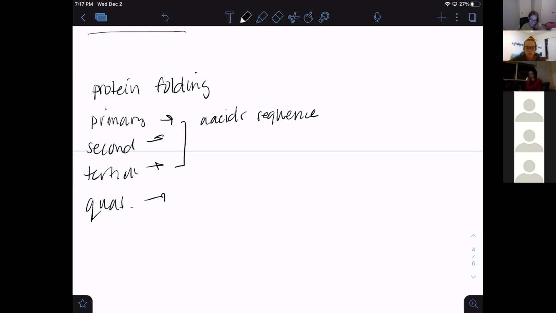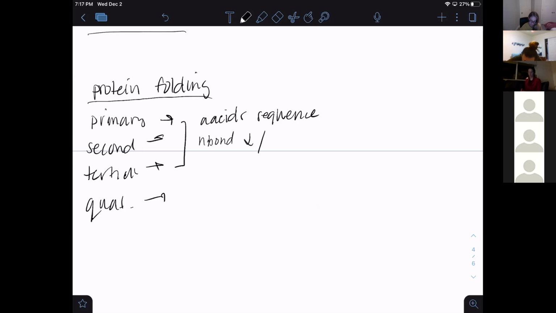What's happening in the second level? Hydrogen bonding. And then specifically between the backbone. But what else is happening there? There's a certain terminology that we like to talk about. It's the alpha helix or the beta pleated sheets that form.